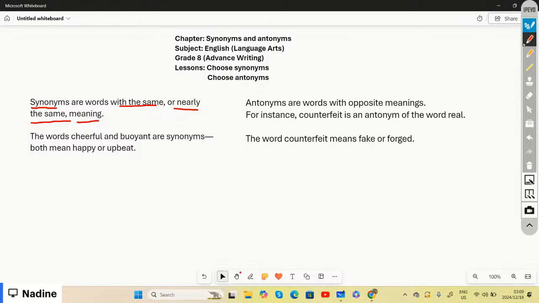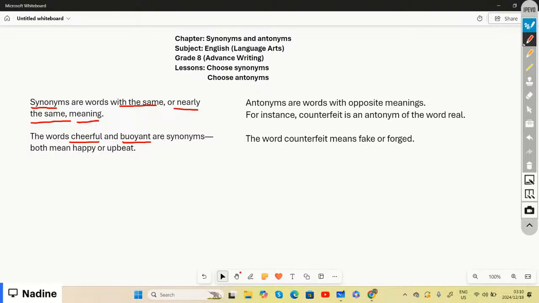And if we look at an example of synonyms, it says the words cheerful and buoyant, they are synonyms.